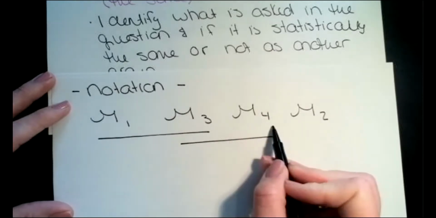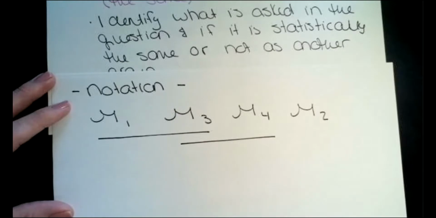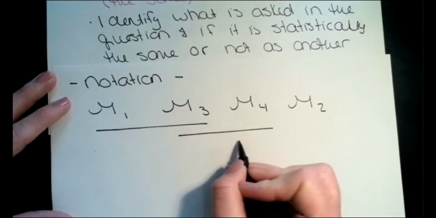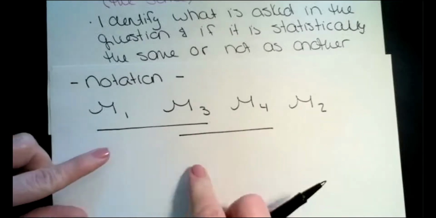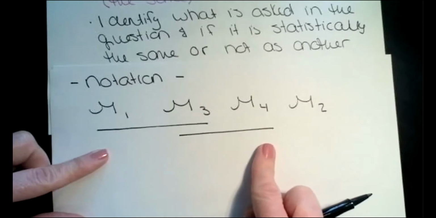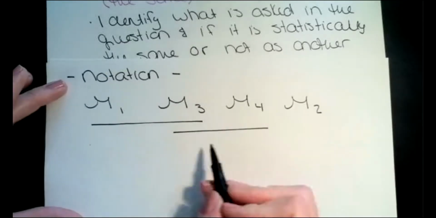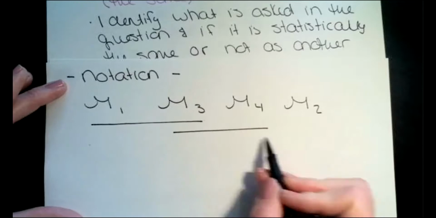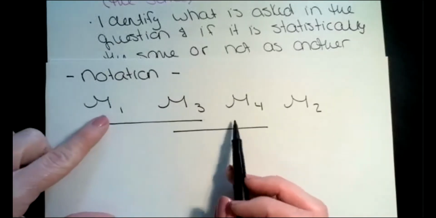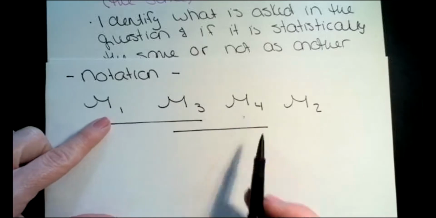I don't continue it. If 1 and 4 were the same, it would be another underline going from 1 to 4, and it would be below this, okay? That would be an example of that. Same with 3 and 2, it would be all the way down there. If 3 and 2 are the same, then 2 and 4 would probably be the same. But I don't want you to think that 1 and 4 are the same.